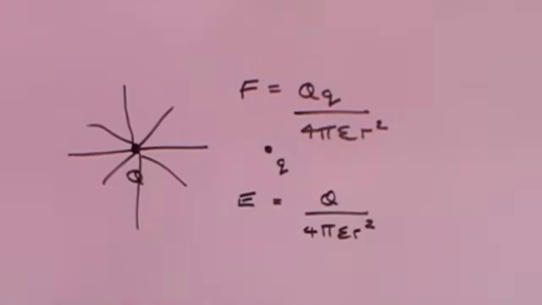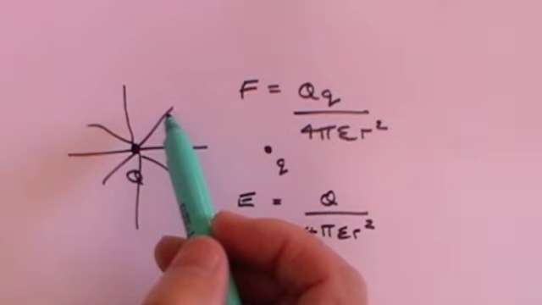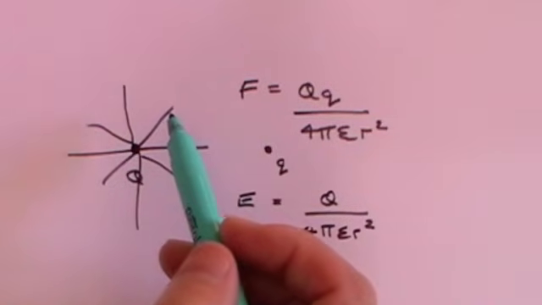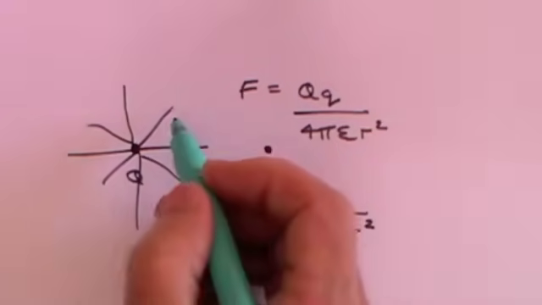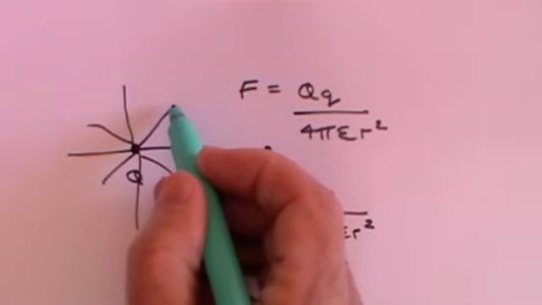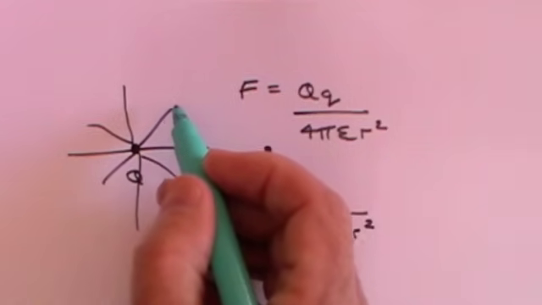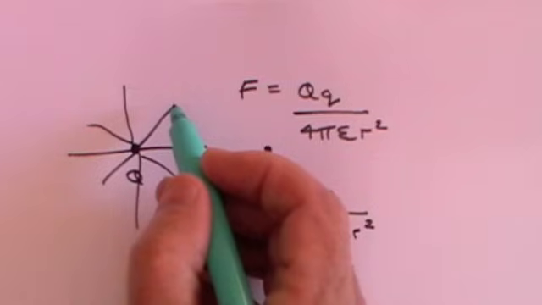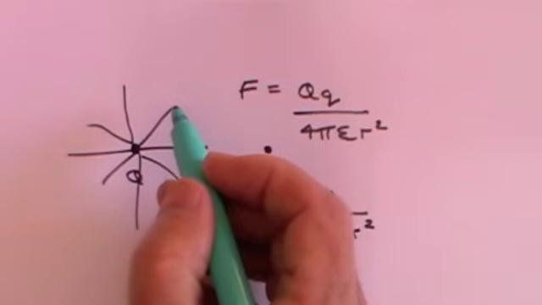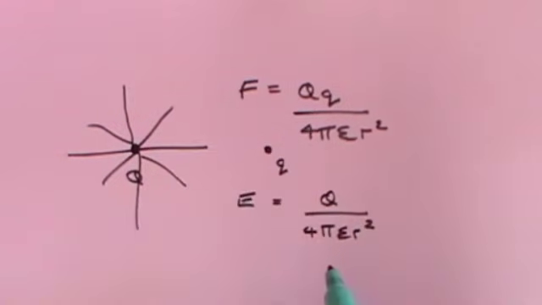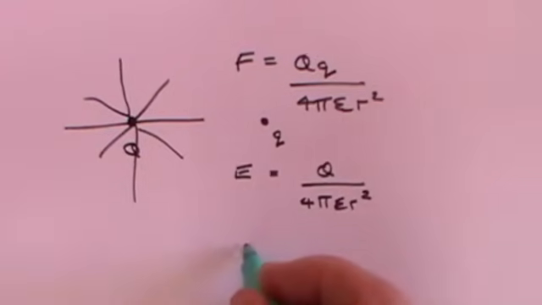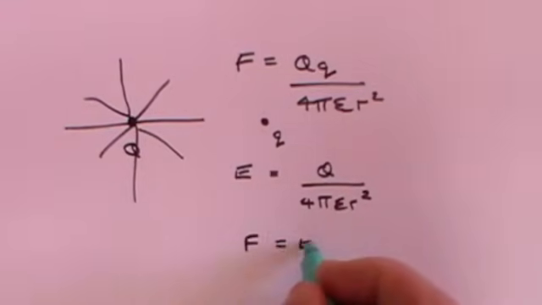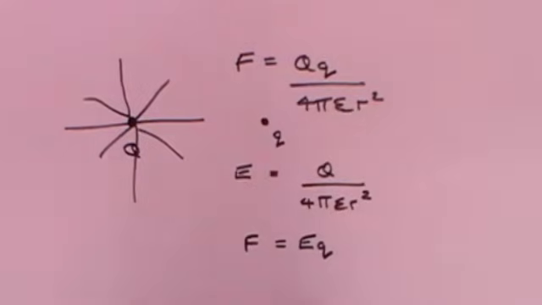What is the electric field? Well, it's the capability at any point to do something. In other words, it's the capability to exert a force on a charge if there were a charge there. So if you were to put a charge, say plus little q, at this point here, then you could work out what the force would be, because the force would simply be the electric field times q.